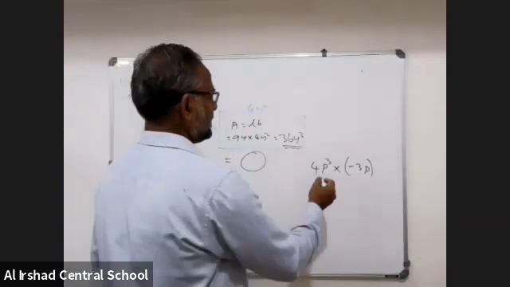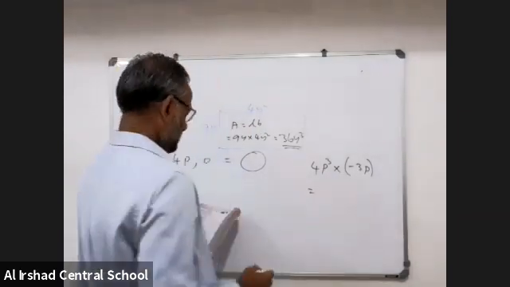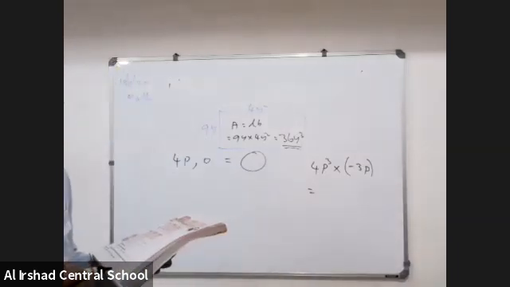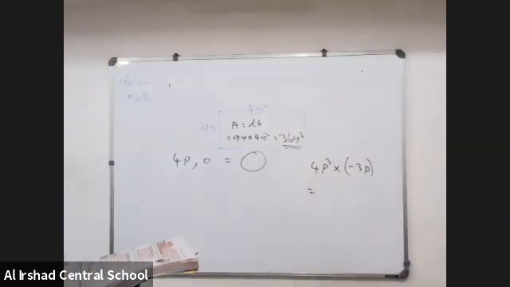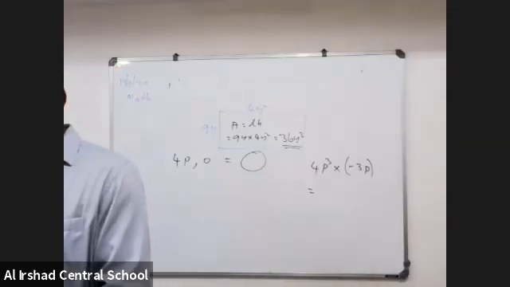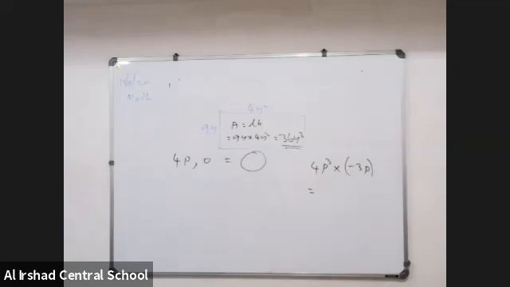What is the answer here? Fourth one, 4p cube into minus 3p. Tell me, I'm waiting for the answer. Minus 12p.